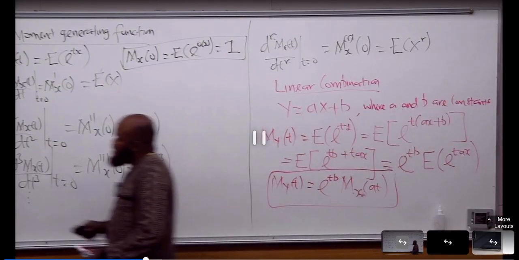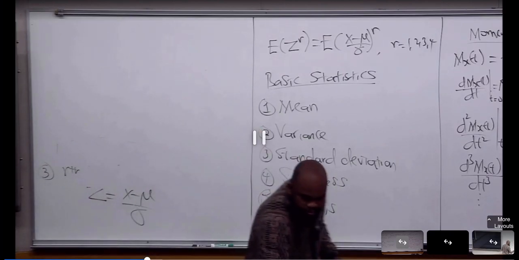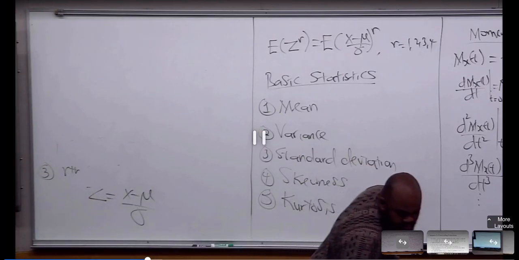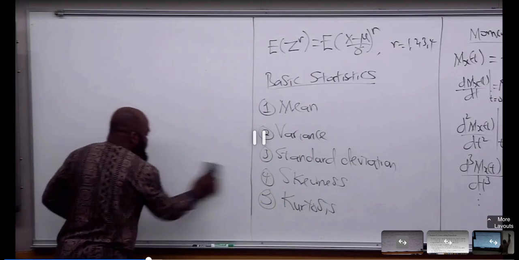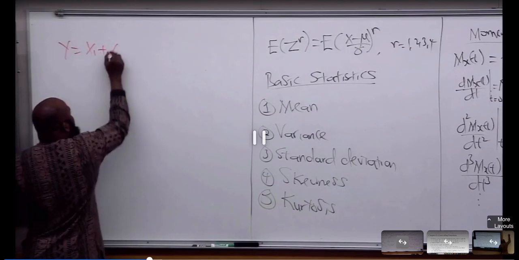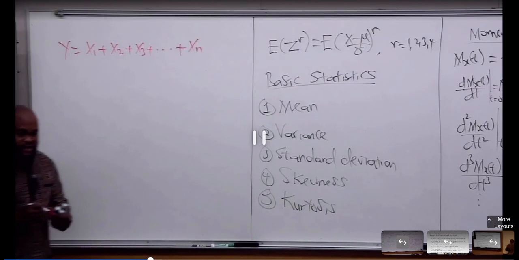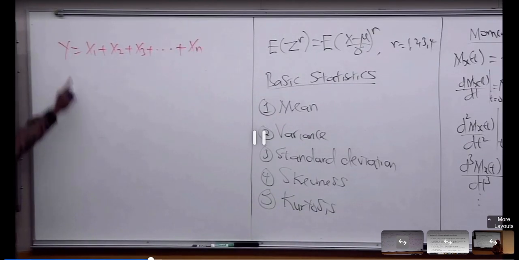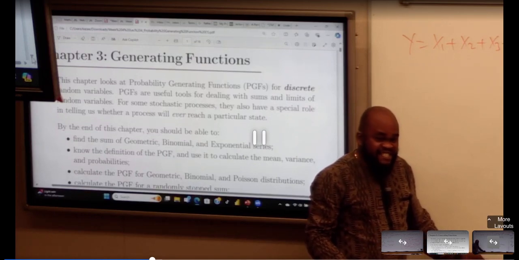Now, another thing that I want to do right now. Let me look at my time. Another thing that I want to do: let's say Y equals X1 plus X2 plus X3 dot dot dot until we get to Xn, and I want to find the moment generating function of Y, and the moment generating functions of X1, X2 up to Xn exist.